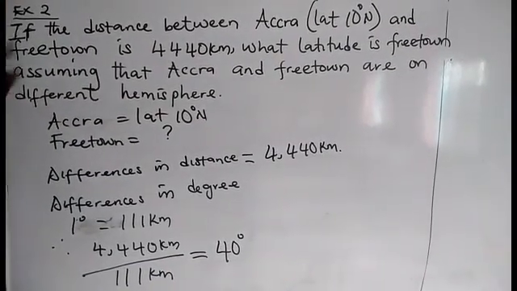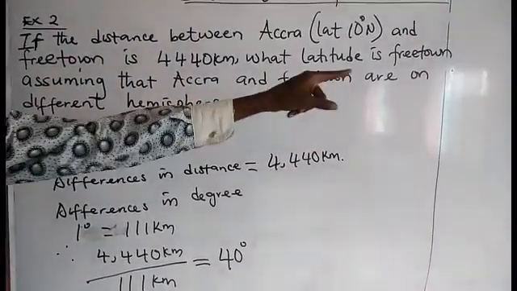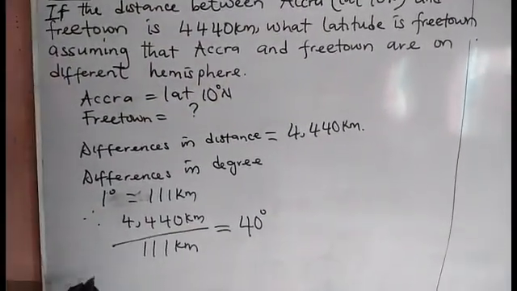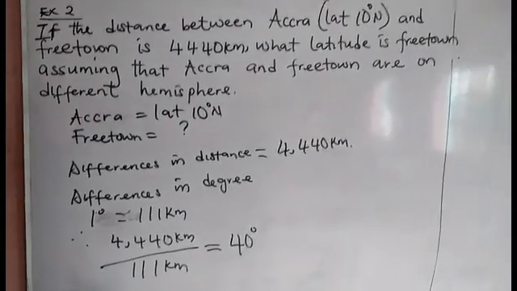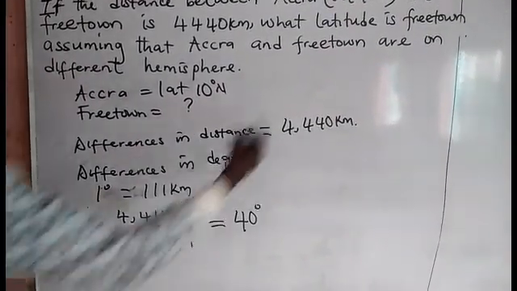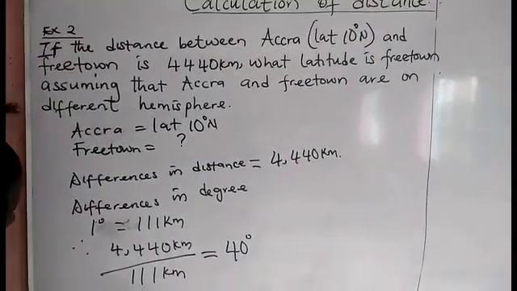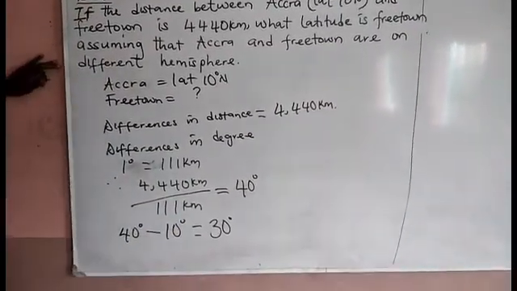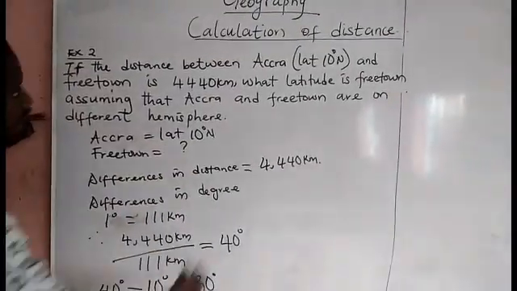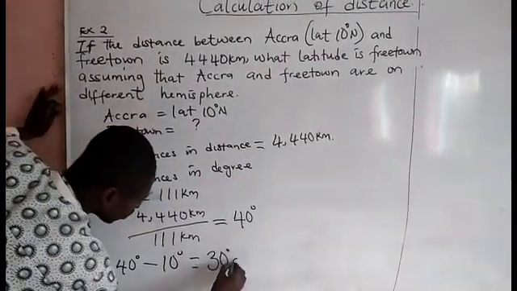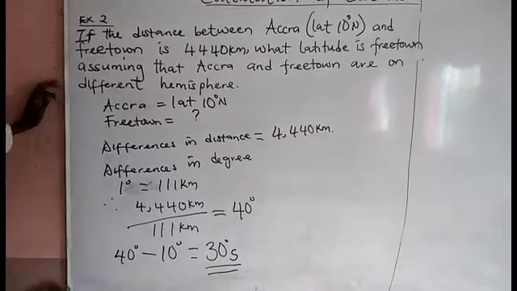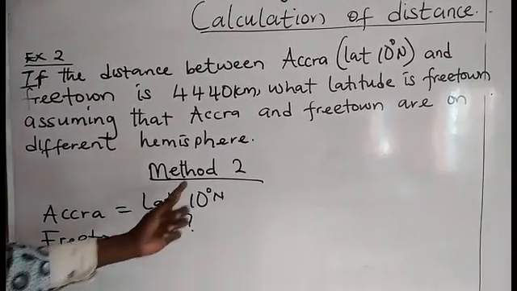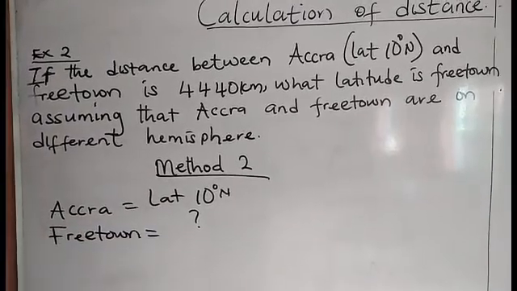Because the question says, assuming Accra and Freetown are on different hemispheres, 40 degrees minus 10 degrees will give us 30 degrees. 30 degrees what? Different hemisphere. This is northern hemisphere, so this will be southern hemisphere. Thank you.